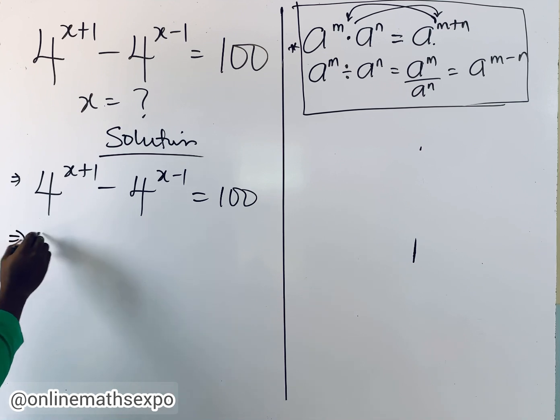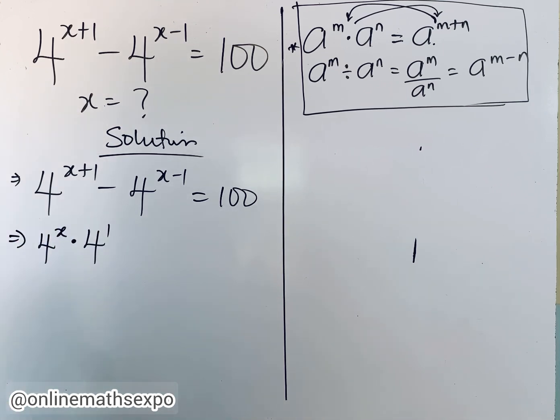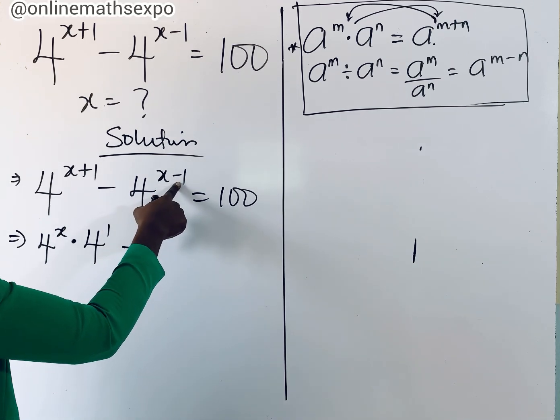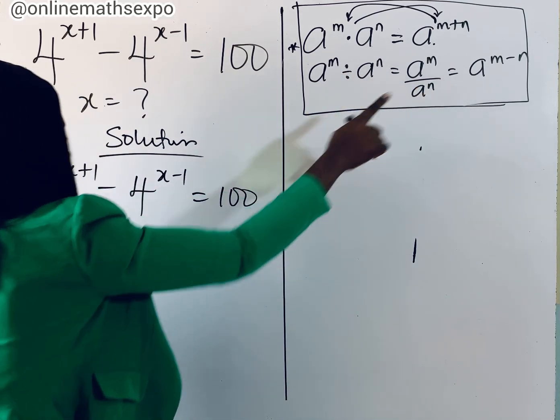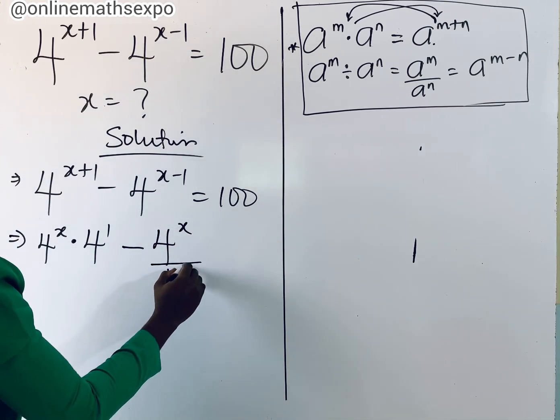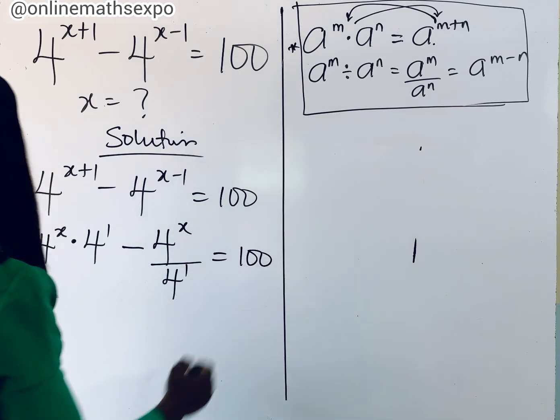So this gives us 4 to the power of x multiplying 4 to the power of 1, okay? Then minus, for this is division, I hope you see it. So we're going to have 4 to the power of x divided by 4 to the power of 1. And this is equal to 100.